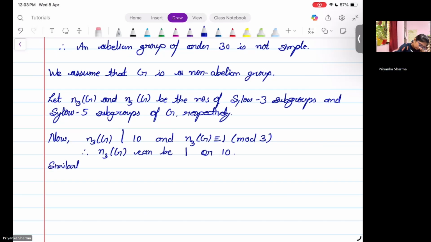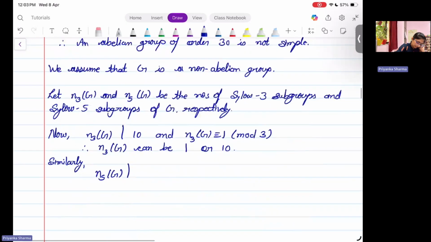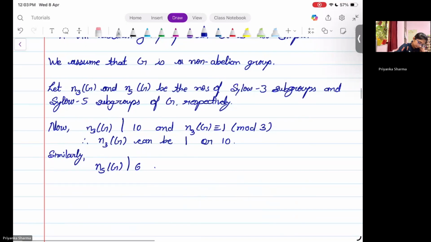Similarly, N5G will divide 6, and N5G is congruent to 1 mod 5.